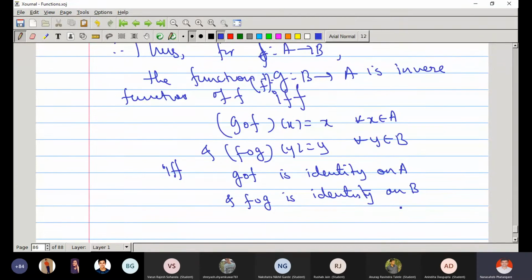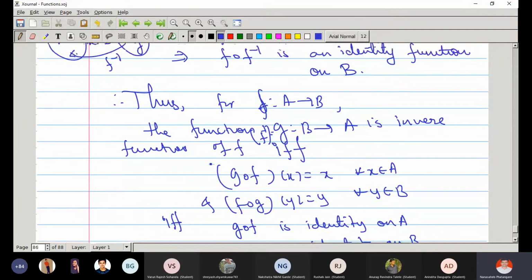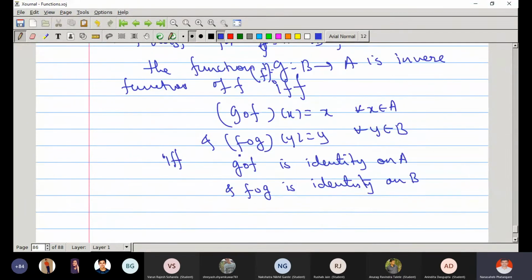Then what we verified in the previous case is that G composite f is identity, or G composite f inverse composite f. That means G is f inverse actually. I am denoting G by f inverse. Remember this. That means f inverse composite f, or G composite f, is identity, and f composite f inverse, or f composite G, is identity on B. Is this clear now?